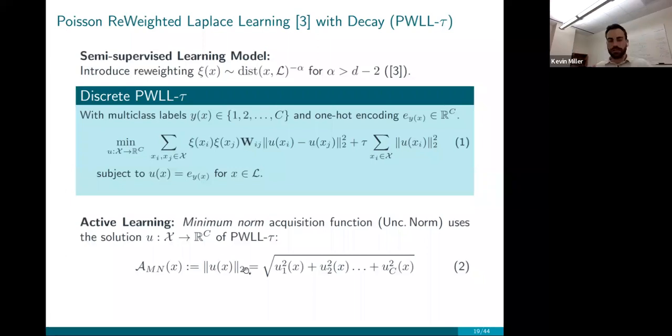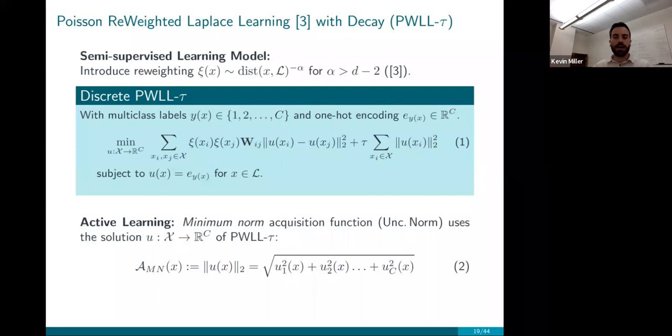So that in regions of your data set that are far away from labeled points, the 2-norm, each entry here should be quite small. And so then once we've chosen enough points to sort of give a coverage of our whole data set, i.e.